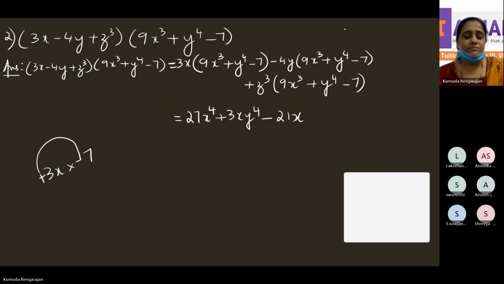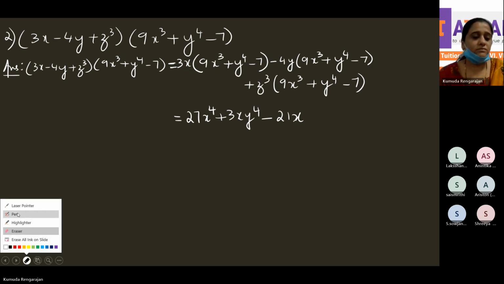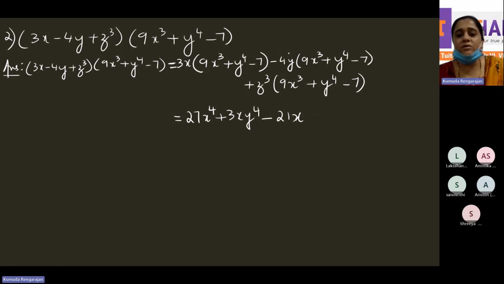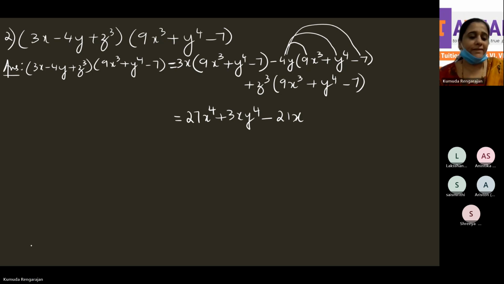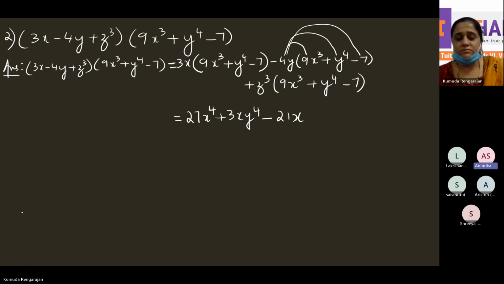Saujanya, continue. Next, Anantika. Yes, ma'am. Minus 36x cube y.